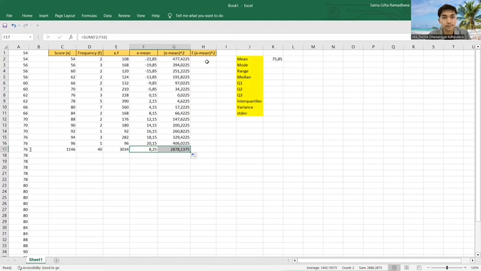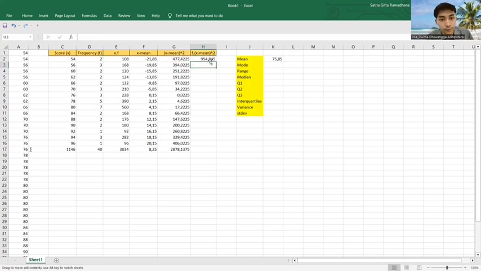All right. Now, the last table is finding the frequency times score minus mean square. It's easy. Just press equal first, and then click the first frequency and times symbol, multiply symbol, and then just click in the x minus mean square and enter.